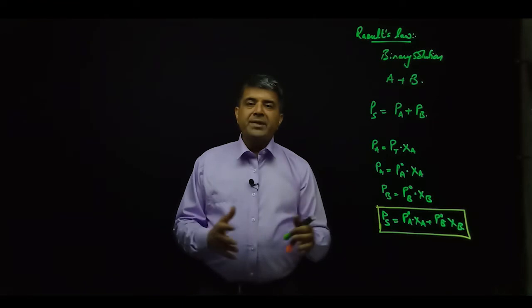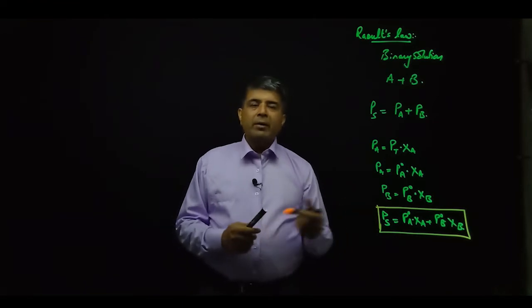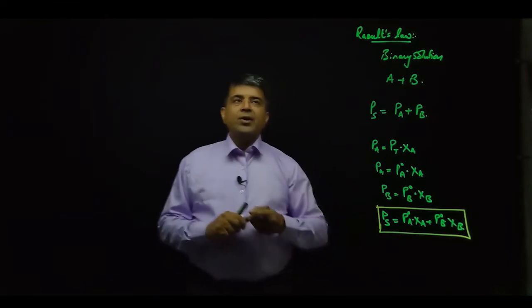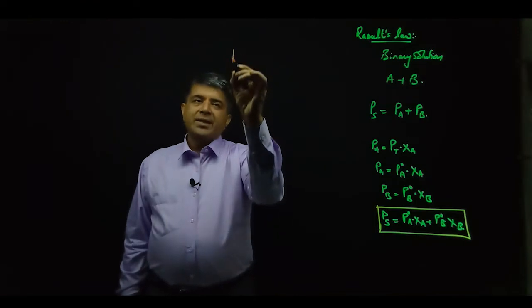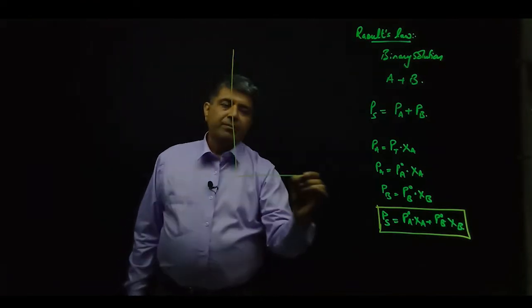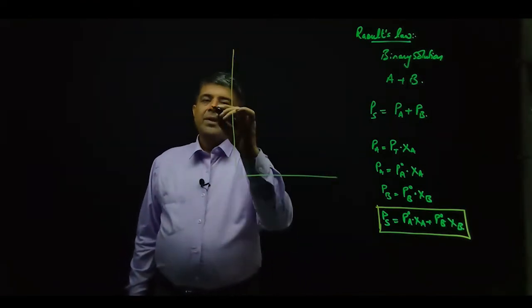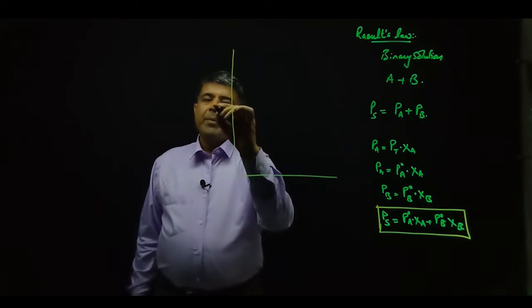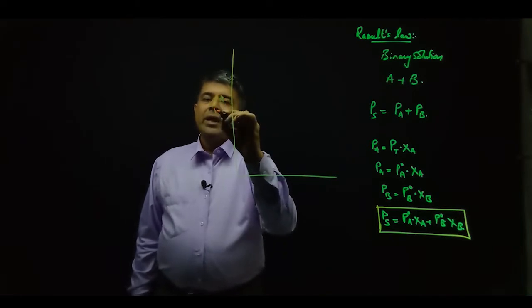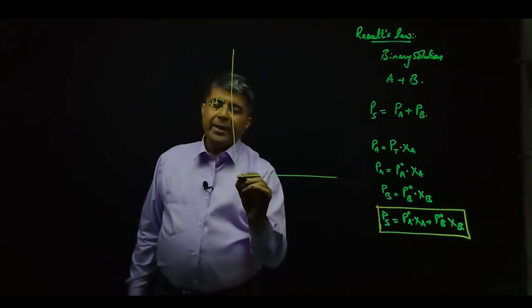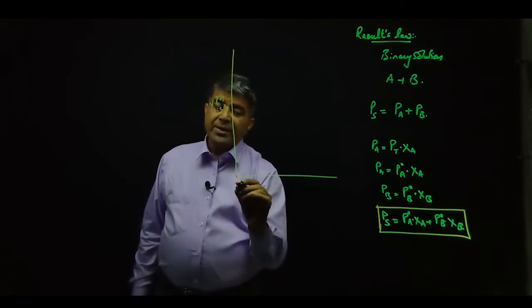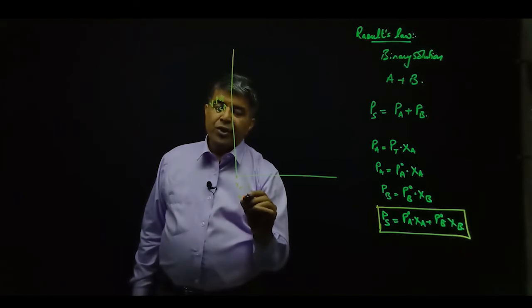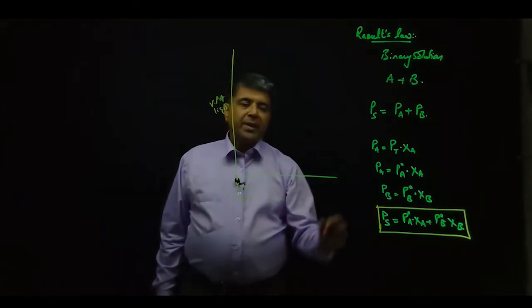Now let's try to understand Raoult's law using the graphical method. Say this is the vapor pressure of liquid A, and at this position I am considering the mole fraction of A to be equal to 1, so the mole fraction of B would be equal to 0.